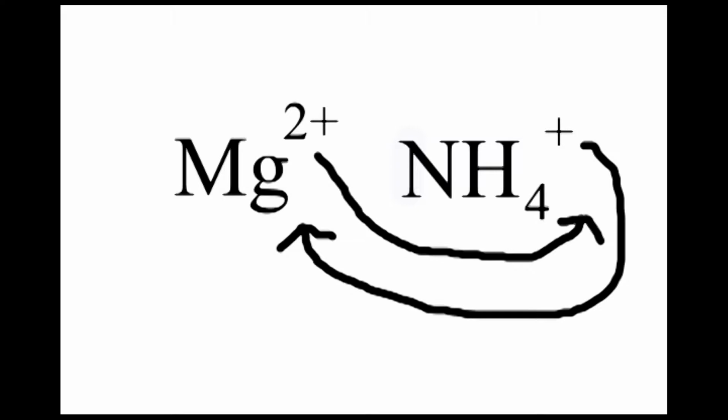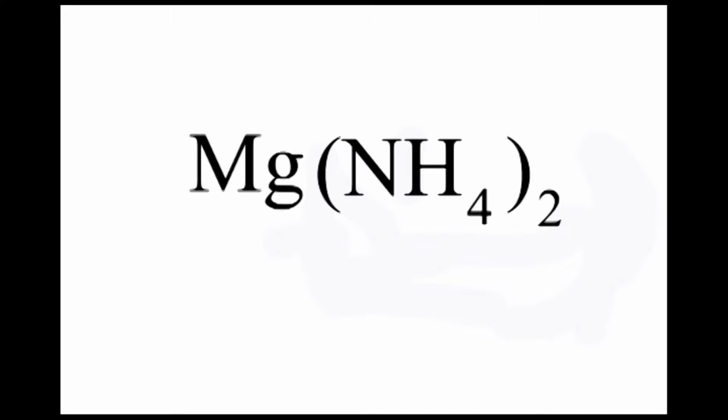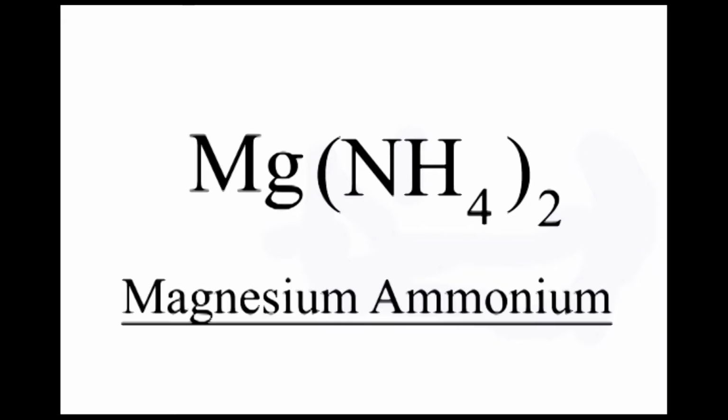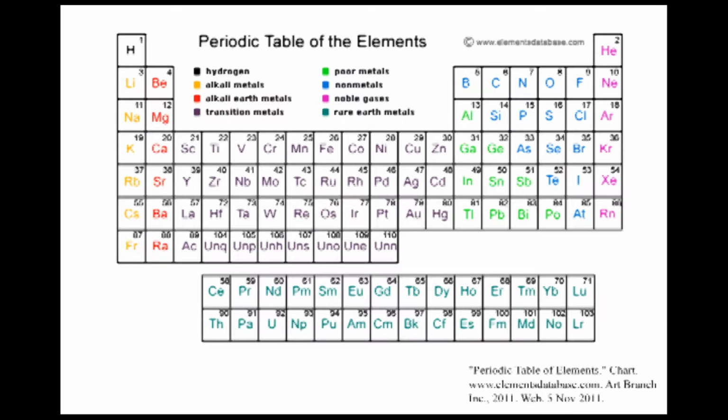So there's 1 magnesium, so you write Mg, and there are 2 ammoniums, so you write (NH4) in parentheses, and then a 2. To name the compound, you say the metal, magnesium, and then you just say the polyatomic ion, ammonium. So we have magnesium ammonium. Pretty simple. Now that we have ionic compounds out of the way, we can move on to covalent compounds.